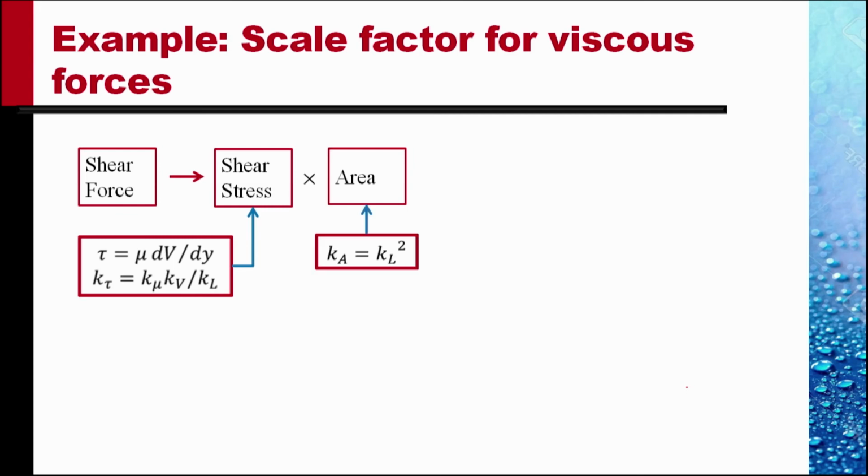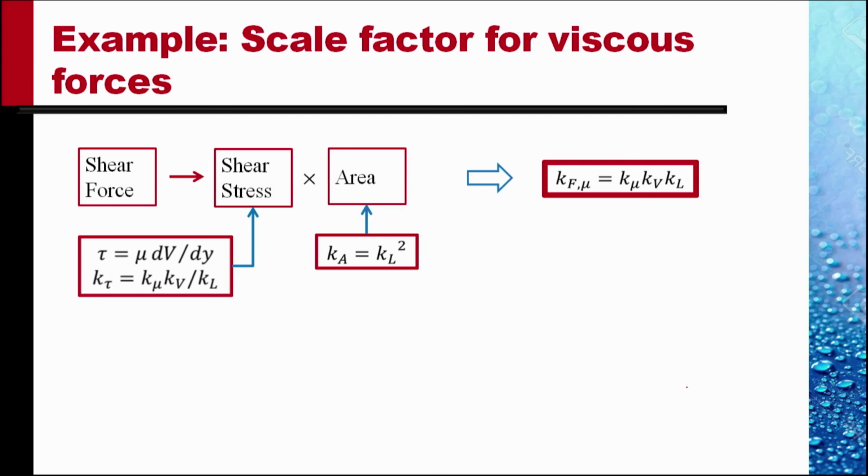K area, we have discussed earlier, is Kl square. So from this, we get the scale factor for the viscous forces, K sub F comma mu. The scale factor for viscous forces is equal to K mu, the scale factor for viscosity, times the scale factor for velocity times the scale factor for lengths.